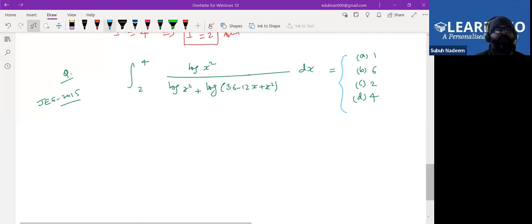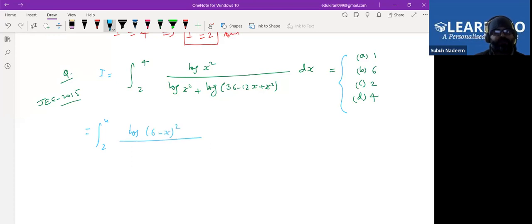So here again, when you apply the property, it is 2 to 4 of log of, what is 2 plus 4? 6. So 6 minus x, whole square. If you observe this expression, 36 minus 12x plus x square is actually 6 minus x whole square.